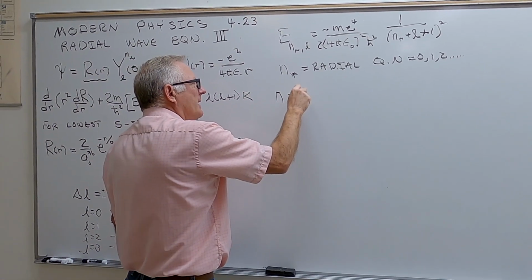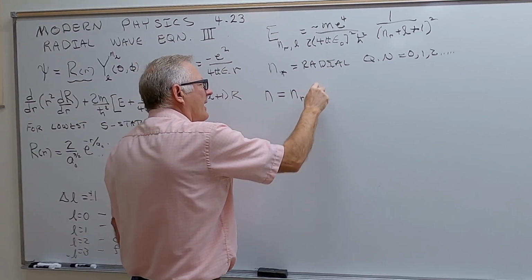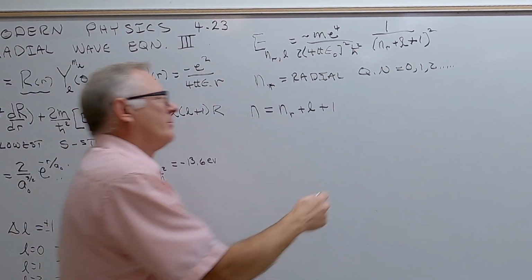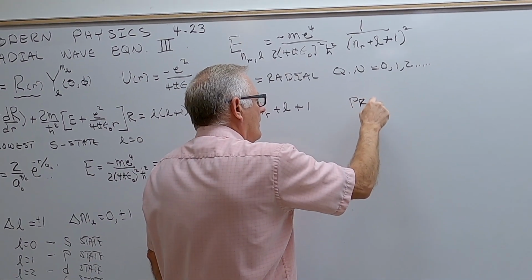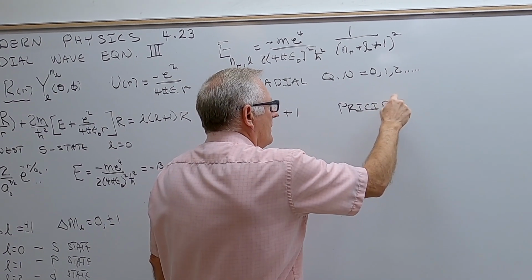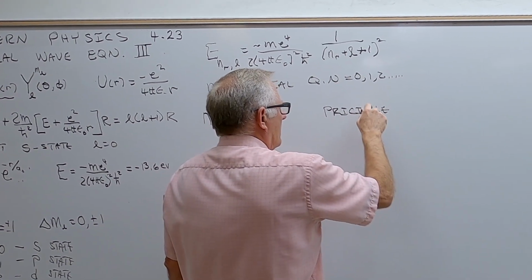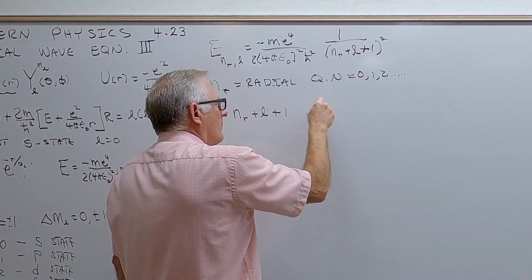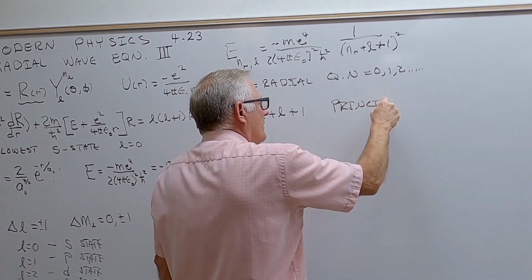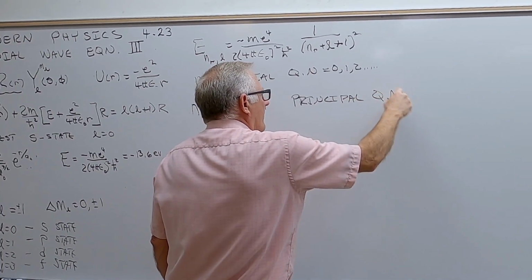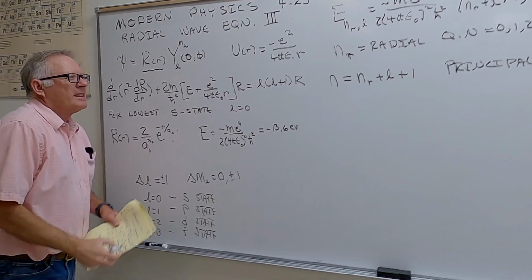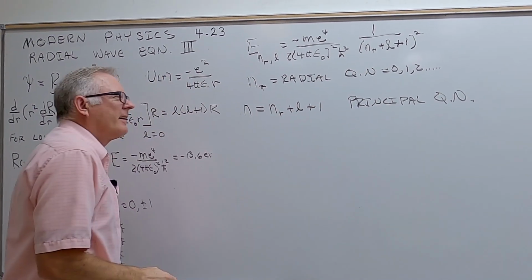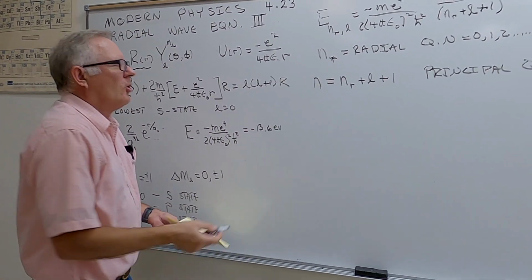N is just going to be n sub r plus L plus 1, and we're going to call that the principal quantum number. Well, that way, if I plug this up into here, this is just n squared, and it comes out to be exactly what we had.